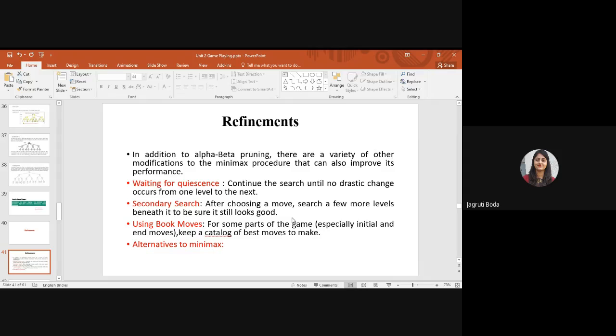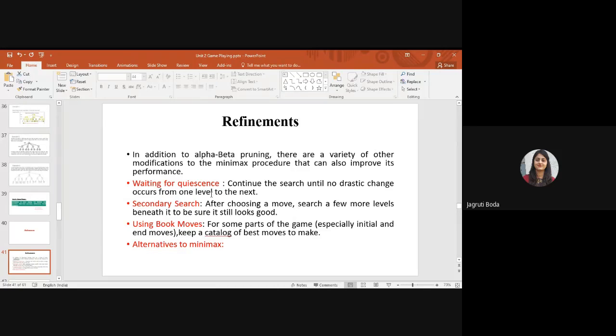So there are also different possible changes that improve the efficiency of your program, that is your refinements. What are the changes you can make to improve the accuracy and the result of your program?